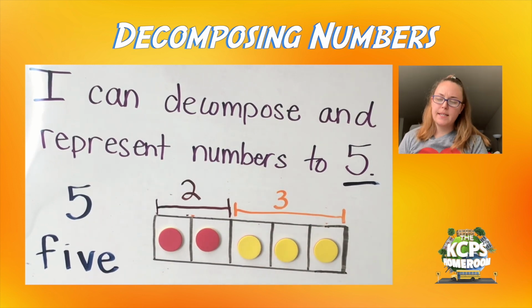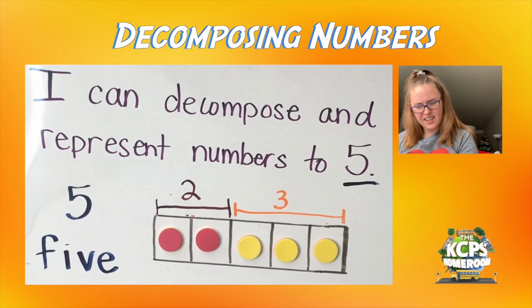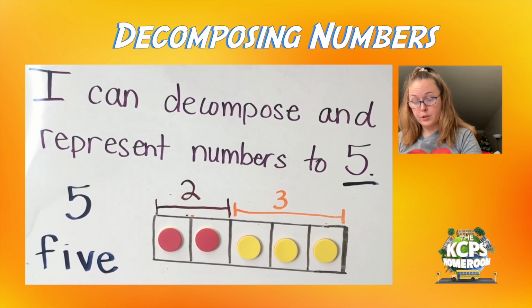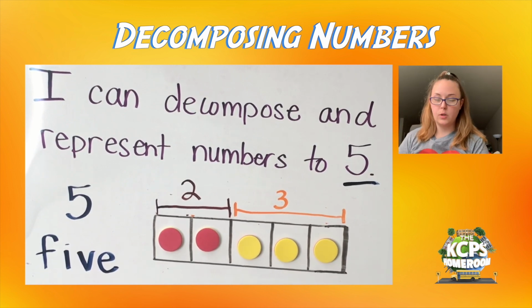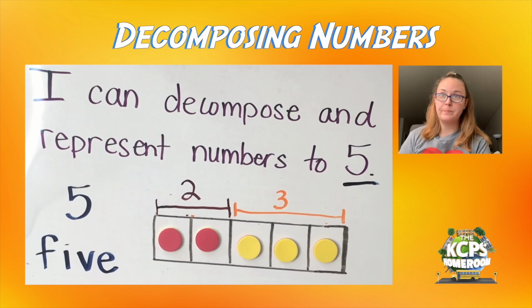So that means that 5 is also 2 and 3? That's kind of confusing. So, that's not the number 2. So 5 is also the same as 2 red counters and 3 yellow counters. And remember, in the middle, we're going to put them together, so we put a plus sign here.